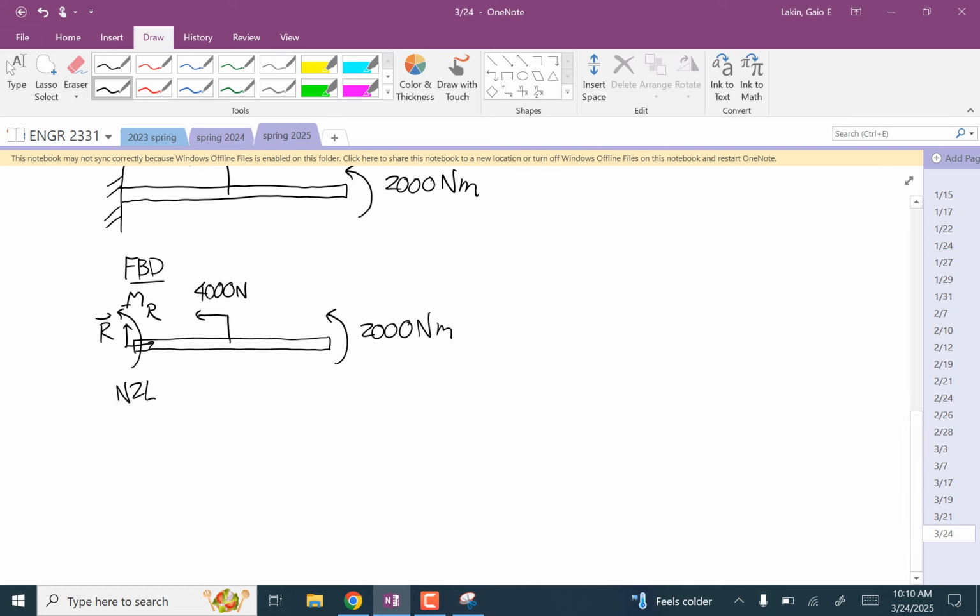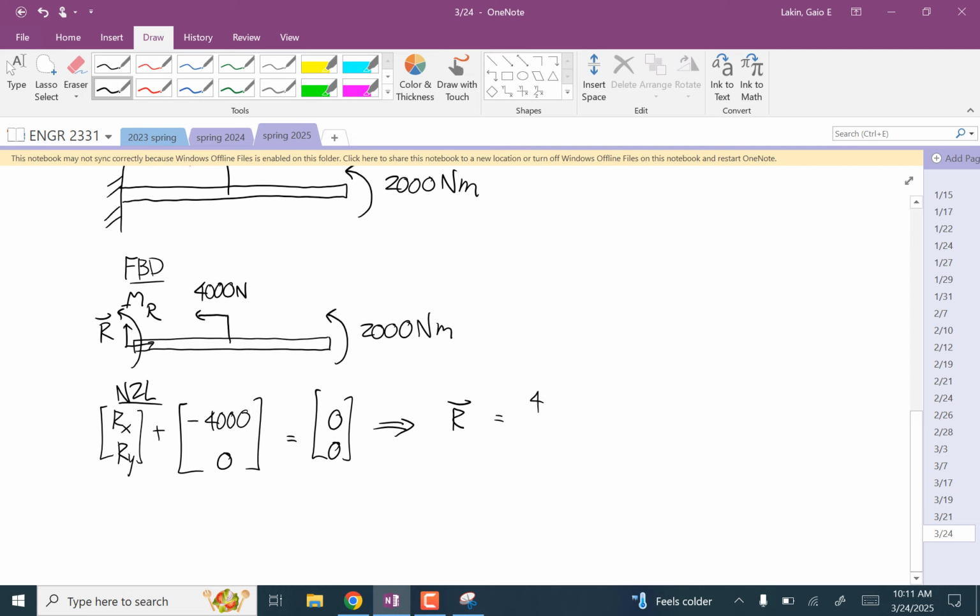Newton's second law says Rx, Ry plus negative 4,000, 0 is equal to zeros. So R is equal to positive 4,000, 0.